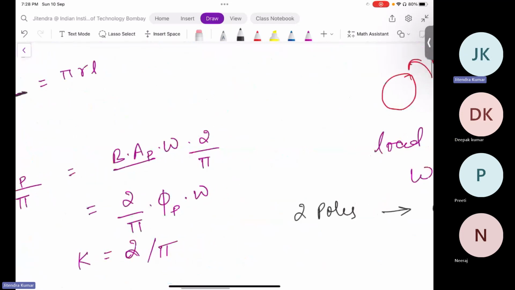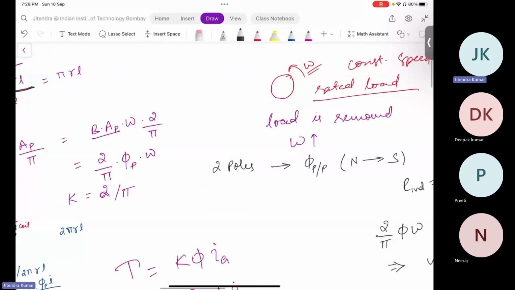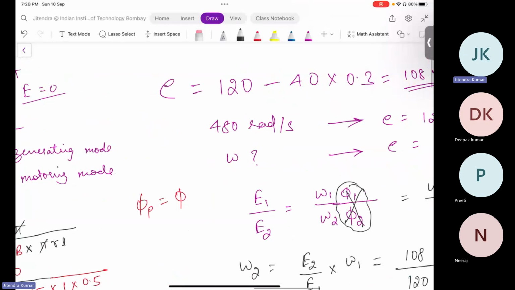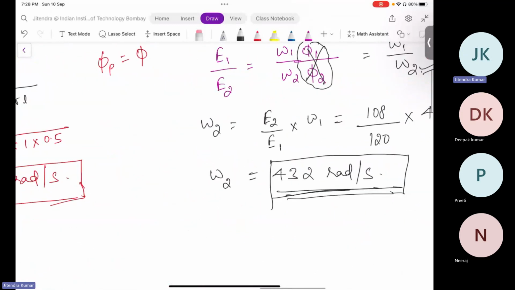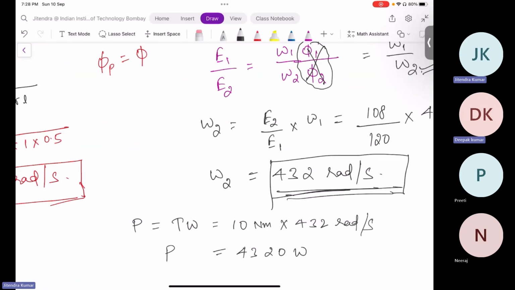Absolutely. So power is equal to torque into omega. Omega we have computed. Torque was 10 Newton meters, omega is 432 rad per second. So it will come out to be 4320 watt.